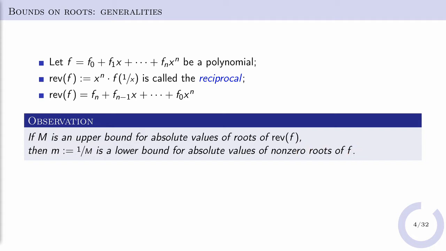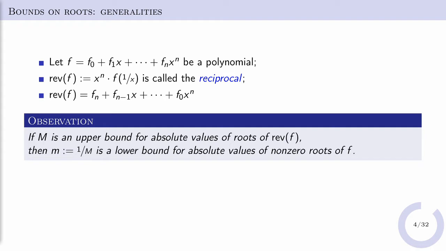So all in all, if we know how to compute the upper bound for the absolute values of roots of a polynomial, then by inverting the list of coefficients and inverting the upper bound, we get the lower bound for absolute values of non-zero roots of f.